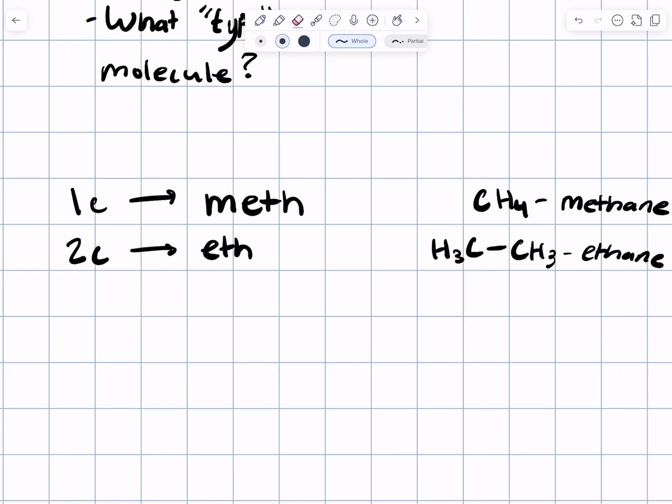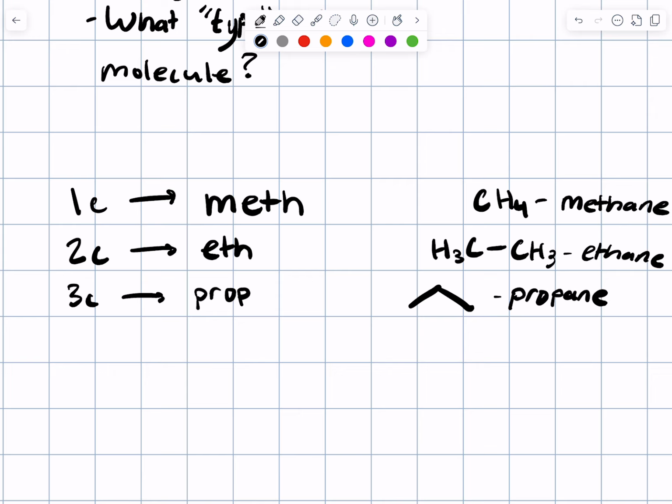Next, if I have 3 carbons, that is going to use the prefix prop. For example, if I just have a 3 carbon chain, that is propane. Once again, another molecule that we're likely well acquainted with.